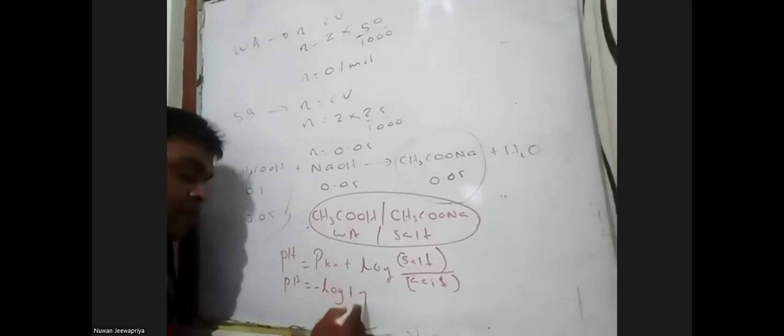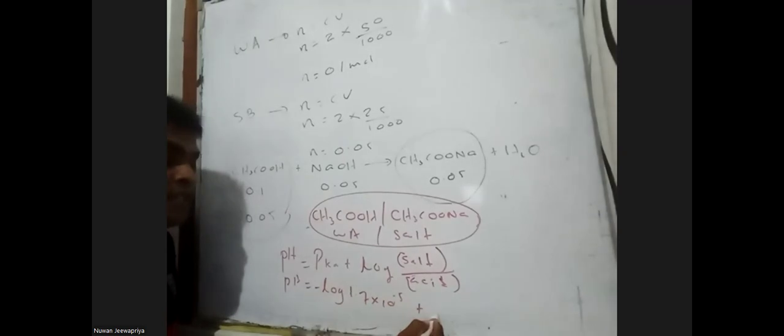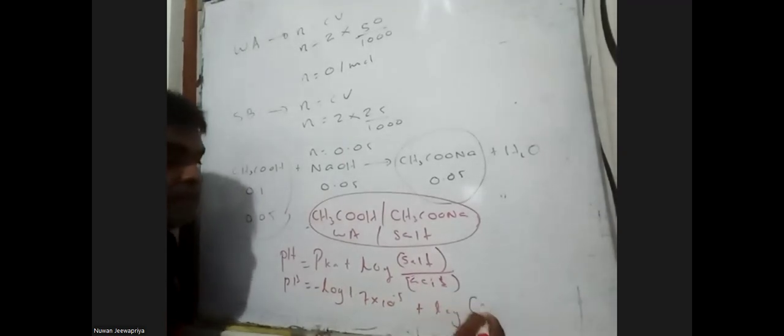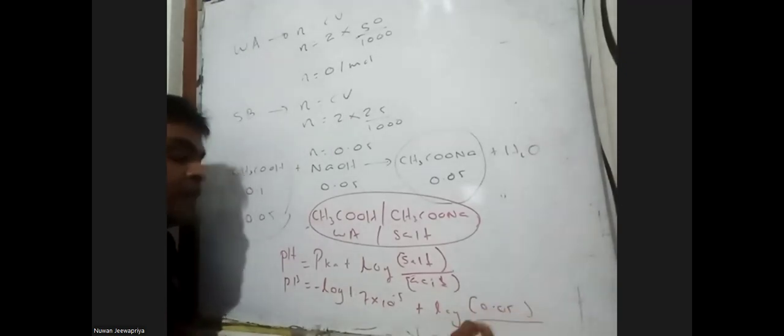So pH is equal to pKa, and the Ka value is given. To find the pKa, you take minus log Ka. The Ka value given is 1.7 into 10 to the power minus 5, plus log of the salt concentration, which is 0.05, and the acid concentration is also the same, 0.05.